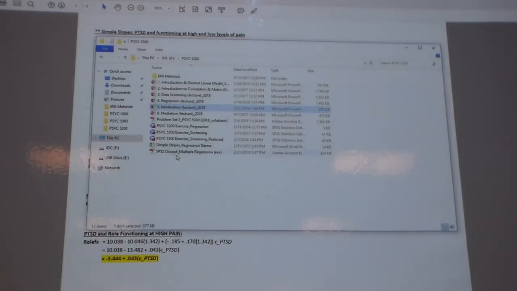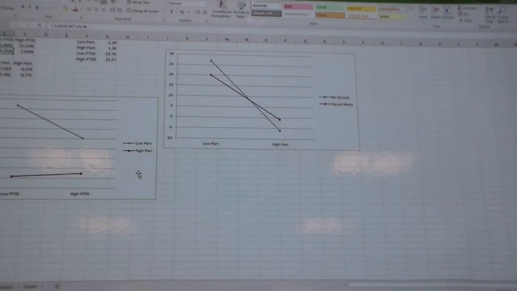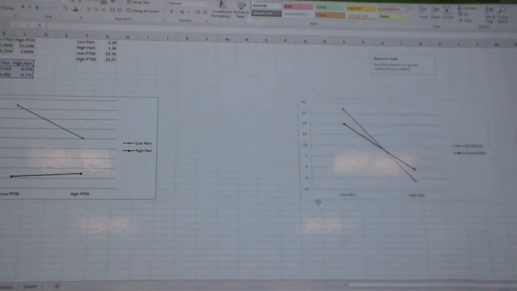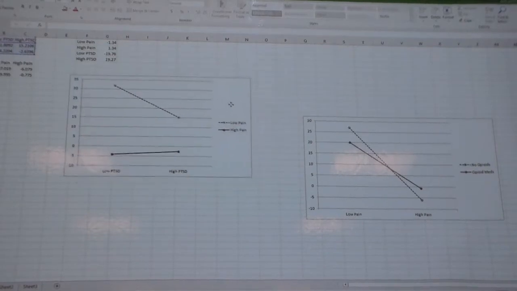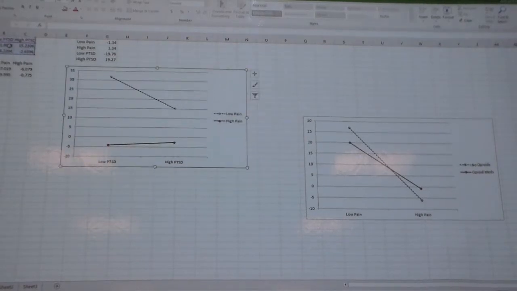I want to open this up in SPSS or in Excel. For PTSD and pain, I've just got my simple slopes equation up here. So I'm looking at low PTSD, low pain, and I've got low PTSD, high pain.